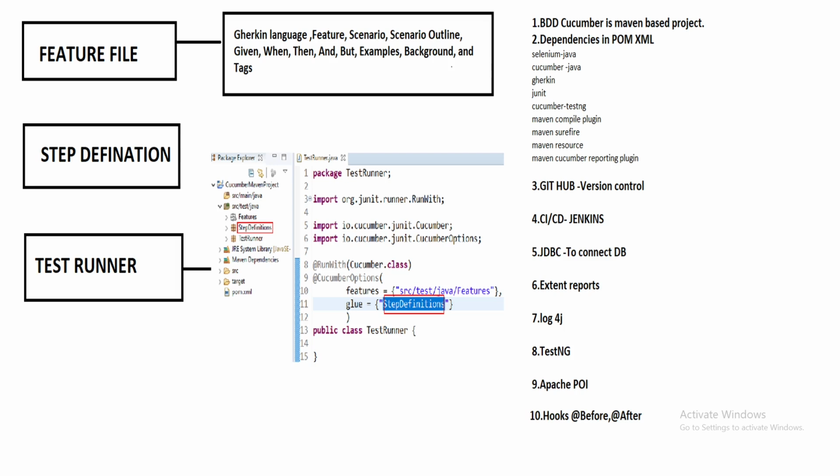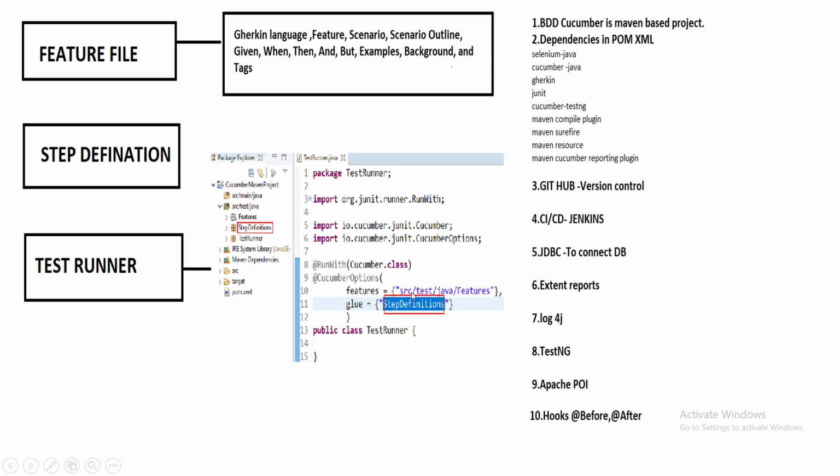So guys, the next part is the test runner class. We generally call it the heart of the framework. You can see this piece of code, this is the test runner class. In the test runner class, we define the path of the feature file.